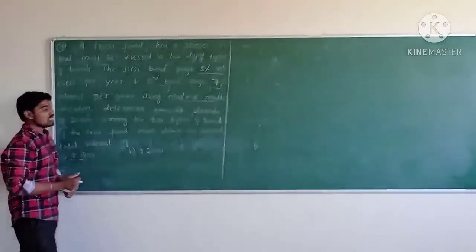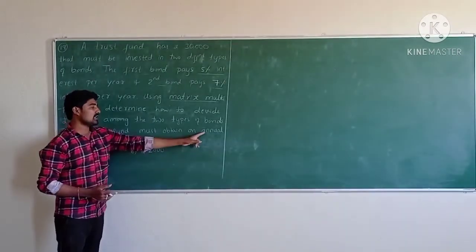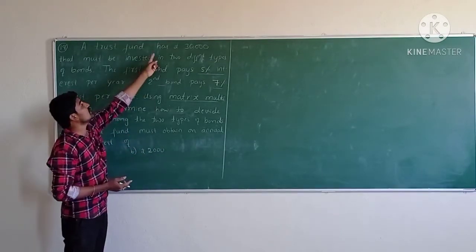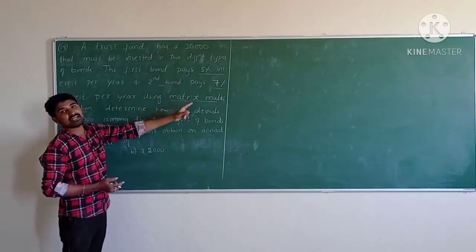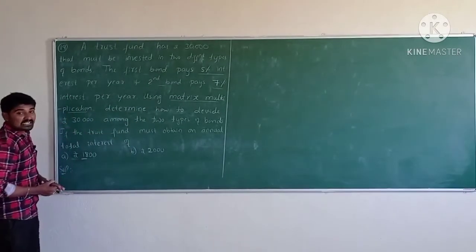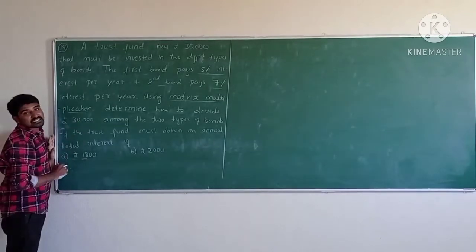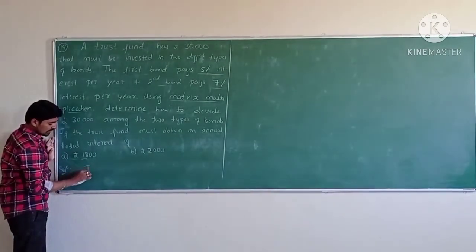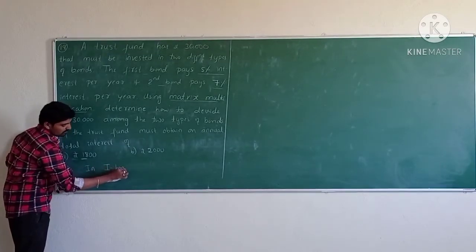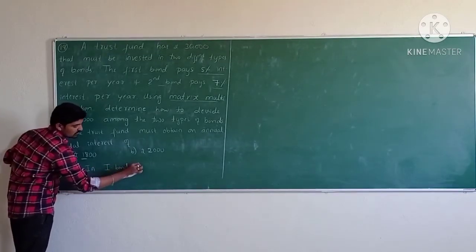And the second question, if the trust fund has an annual interest of 2,000 rupees, then how to divide this 30,000 rupees? The first one is equal to what?